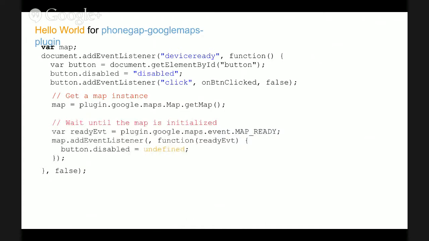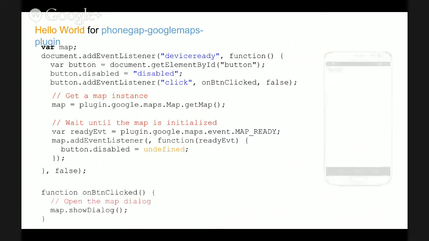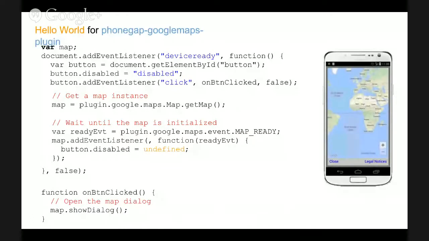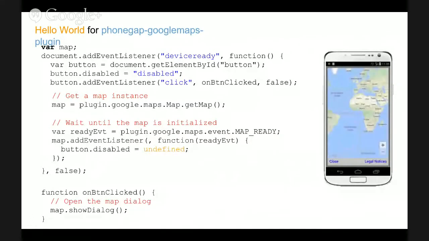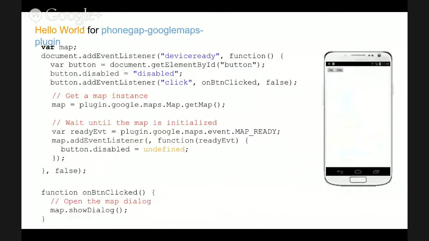The map fires a map ready event when it is initialized, so you need to wait until then. When you click the button, open the map dialog. This code works like the screen capture on the right side.